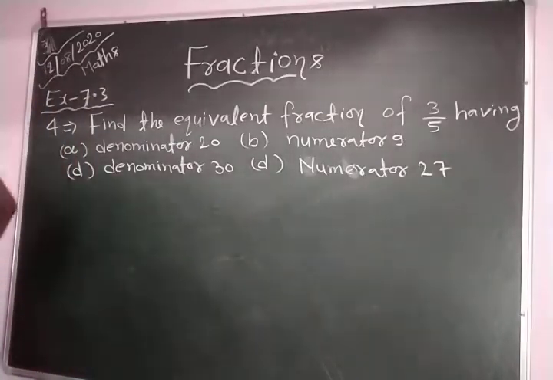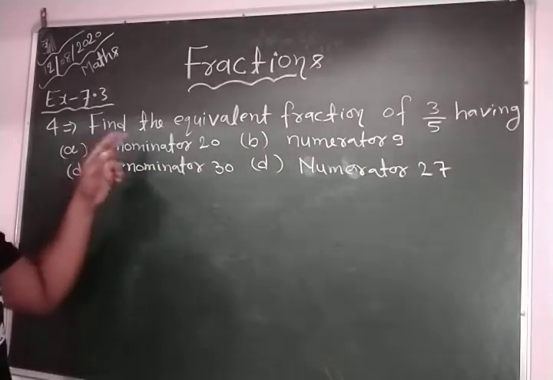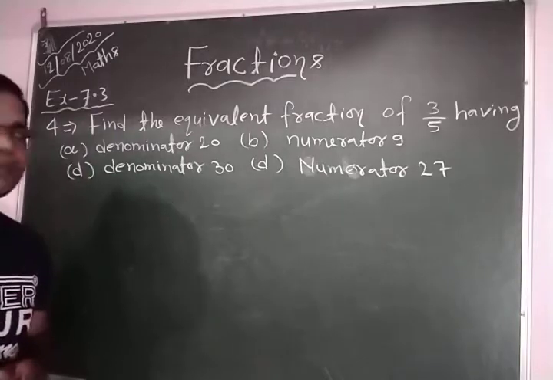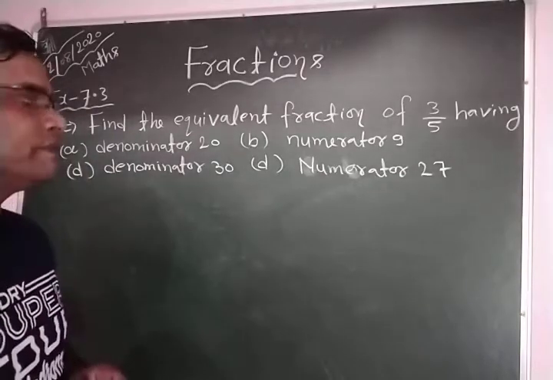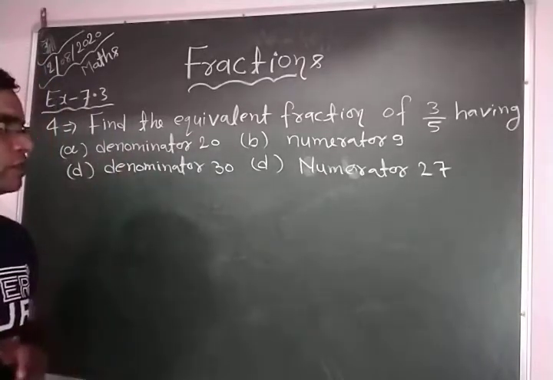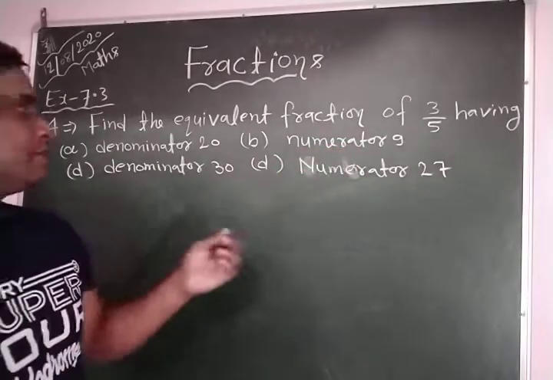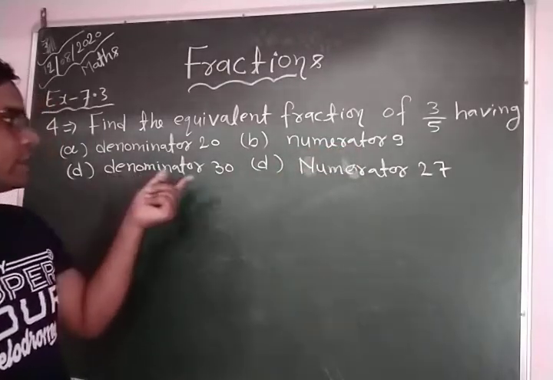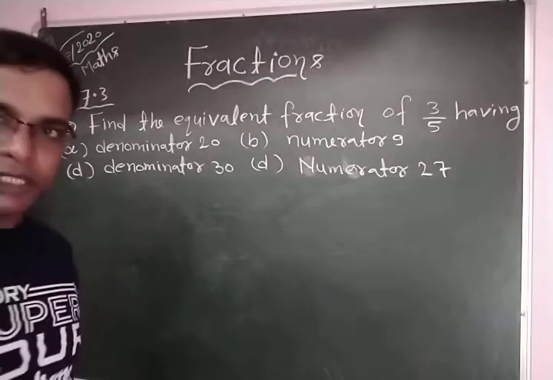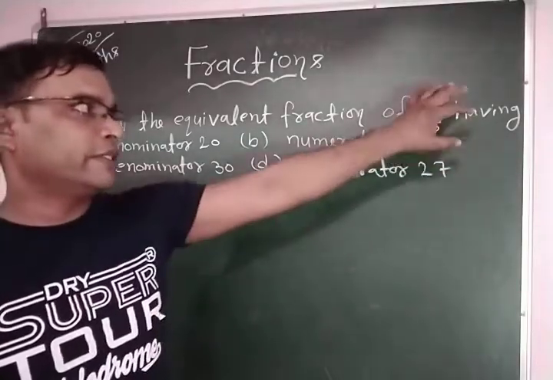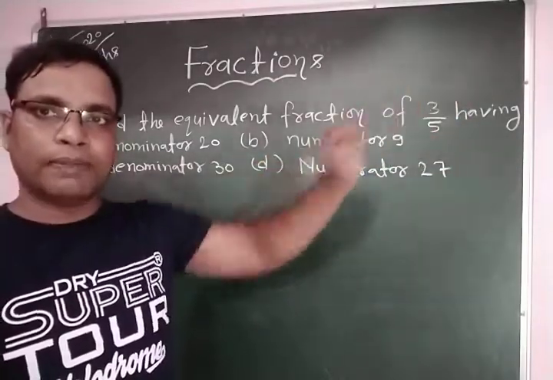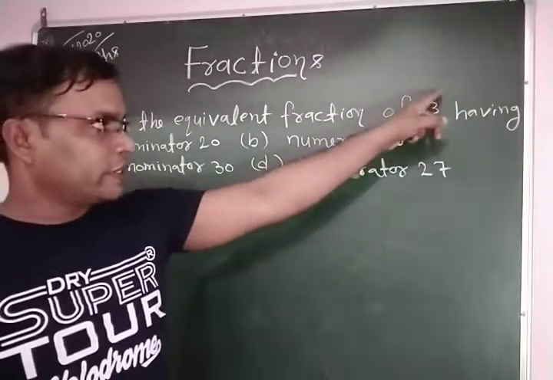Students, this is question number 4 of exercise 7.3. Find the equivalent fraction of 3 by 5 having denominator 20, numerator 9, denominator 30 and numerator 27. This is the given condition, but our fraction is 3 by 5.